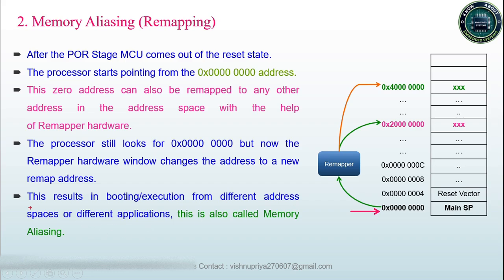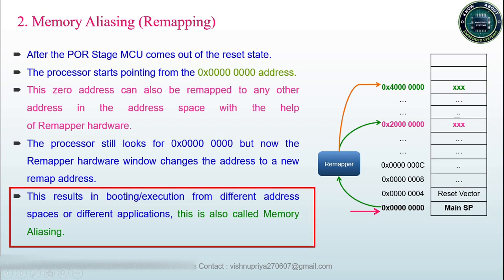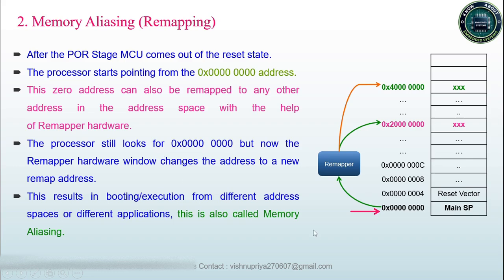This process is called memory aliasing. That means it is not necessary to always start from 0. You can start booting from any other point or any other peripheral also. I hope you are clear with the second major step, memory aliasing or memory remap.